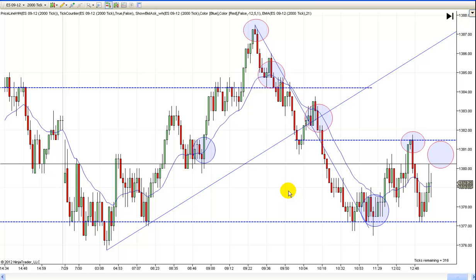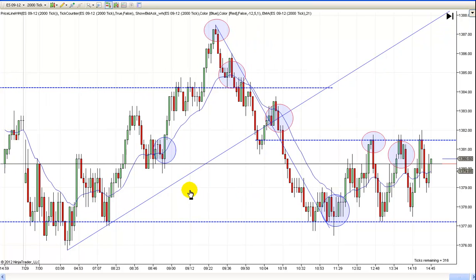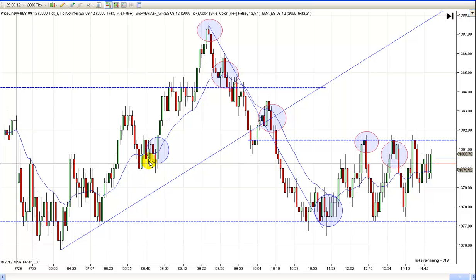And somebody actually was looking for a bounce in this area right here that texted me today. And yeah, there's support there, but let me just show you this. When prices bounce early like this and then turn back down, that's not a good sign, because if the guys that were long here are trying to get long right in this area and didn't get filled, now the prices are not in extreme.